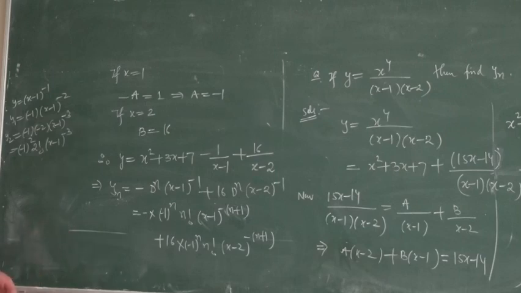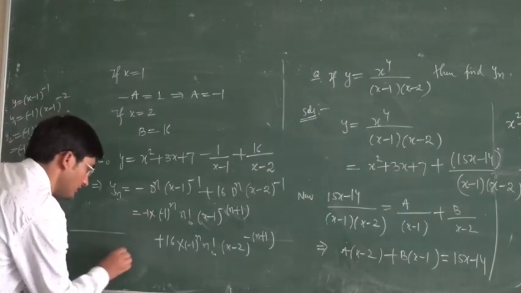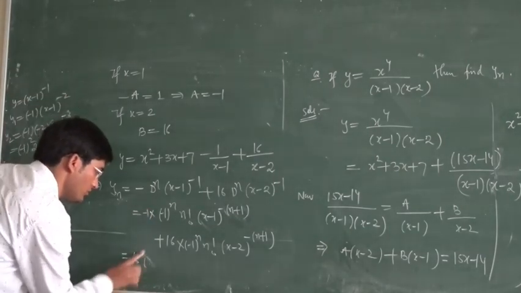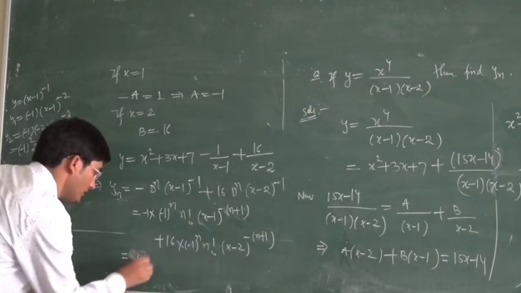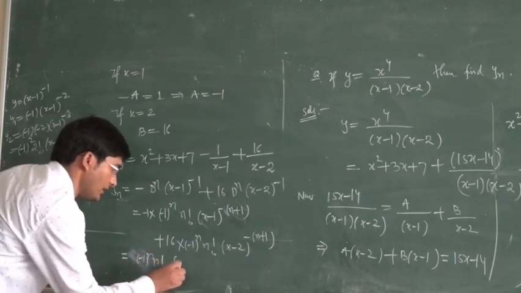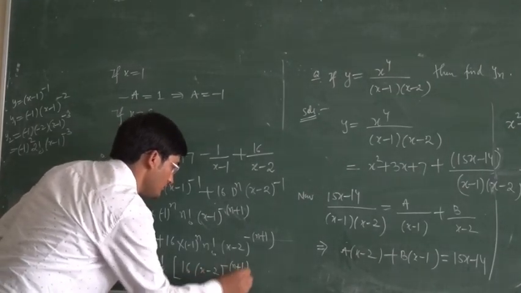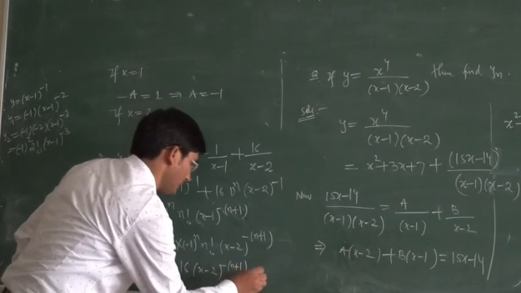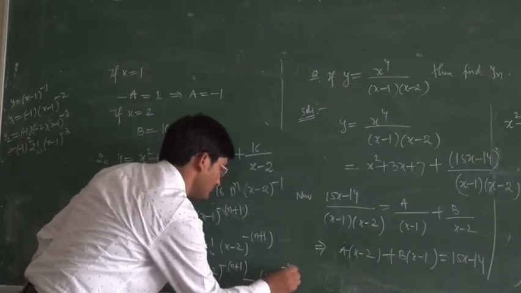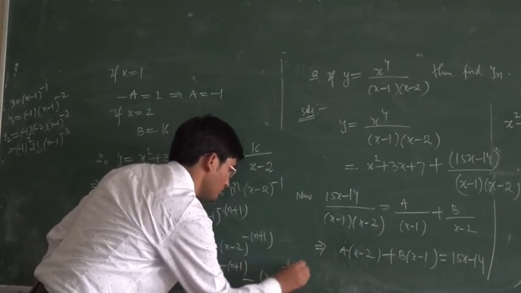So we can also write it as minus 1 power n into factorial n common, then we will have 16 into x minus 2 power minus n plus 1 minus x minus 1 power minus n plus 1. So this is our answer.